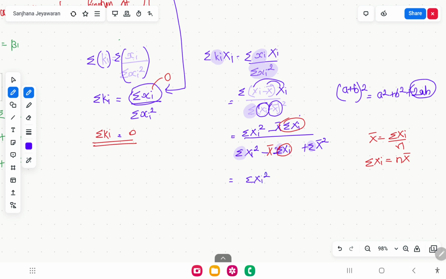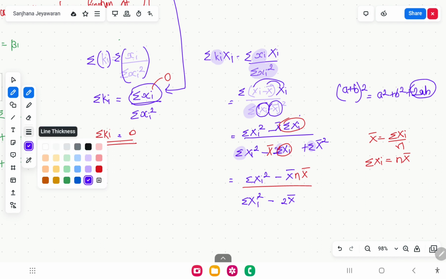So sigma xi square minus x bar n x bar divided by sigma xi square minus 2 x bar n x bar.